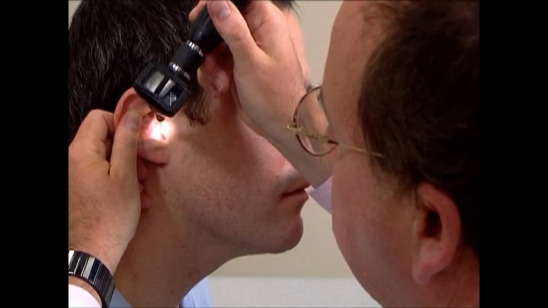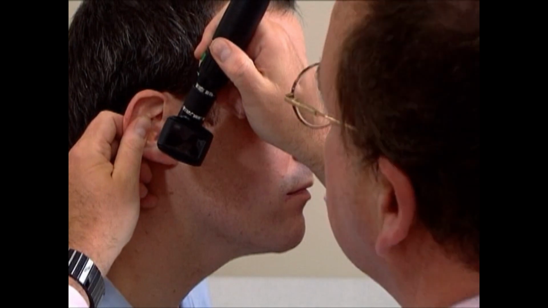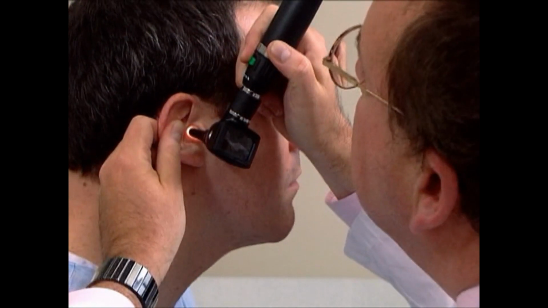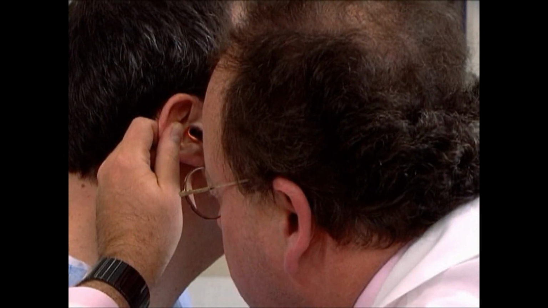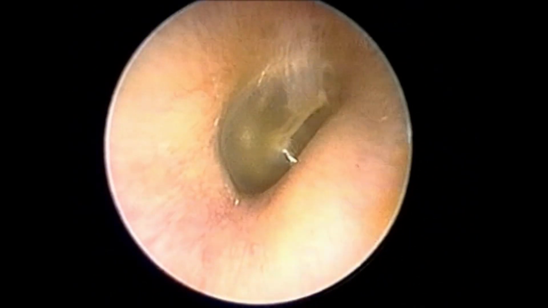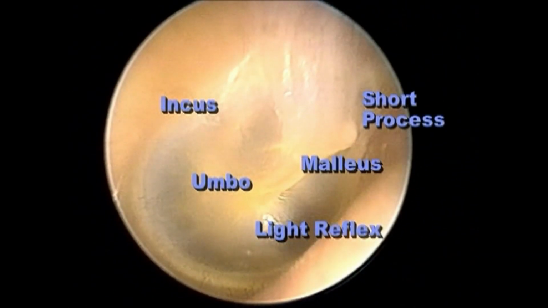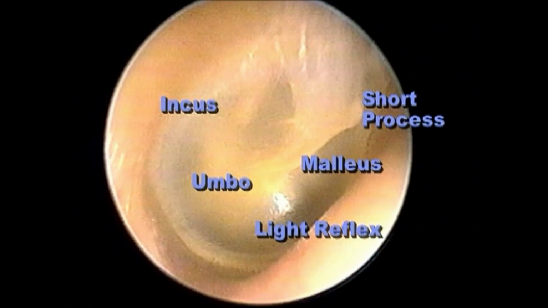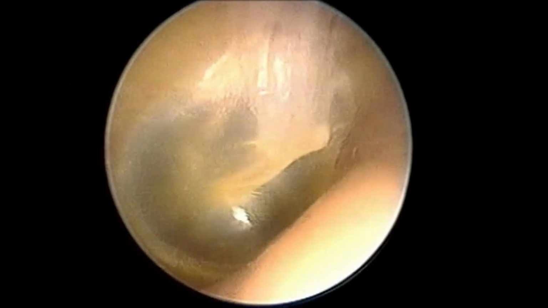In doing such, you will straighten the canal, place the speculum into the external auditory canal, and visualize the external canal and the tympanic membrane. You'll notice the malleus, the umbo, the light reflex pointing anteriorly, and perhaps other ossicles in the middle ear.